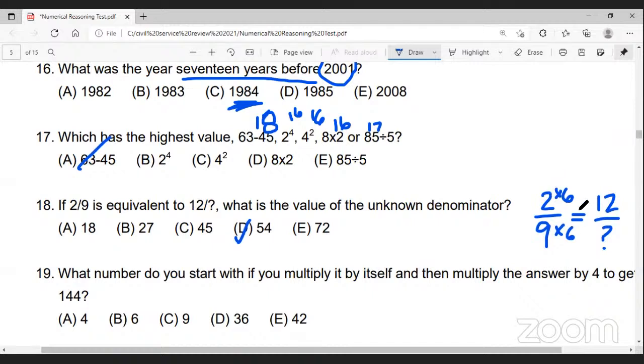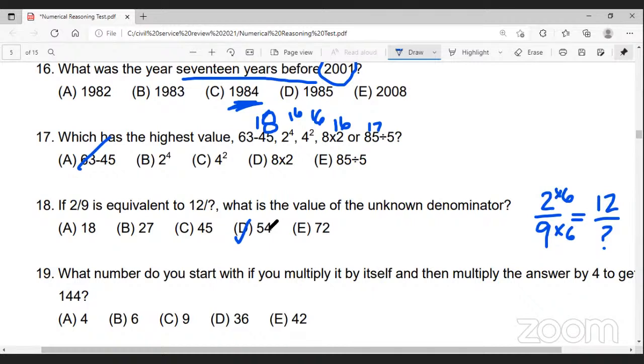The longer way of solving this is 12 times 9 divided by 2, just like the proportion that we had a while ago. The complete terms are the opposites, 12 times 9, and the remaining, 2, will divide the product.